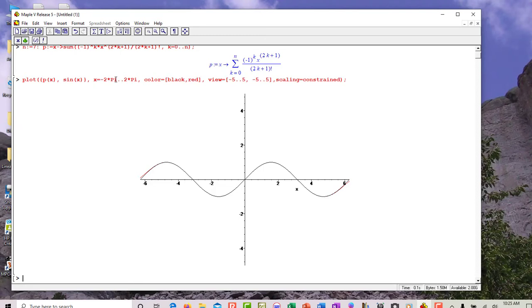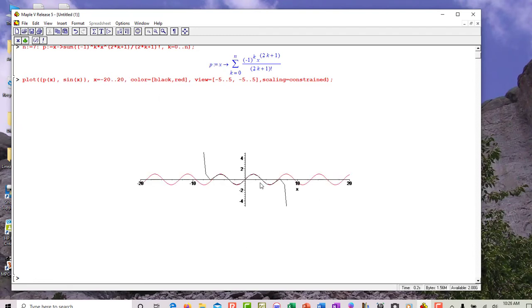What if we go a little bit further out with this same polynomial? -20 to 20. One thing you'll see here is that the match was very good until a certain point, and then it got really, really bad.